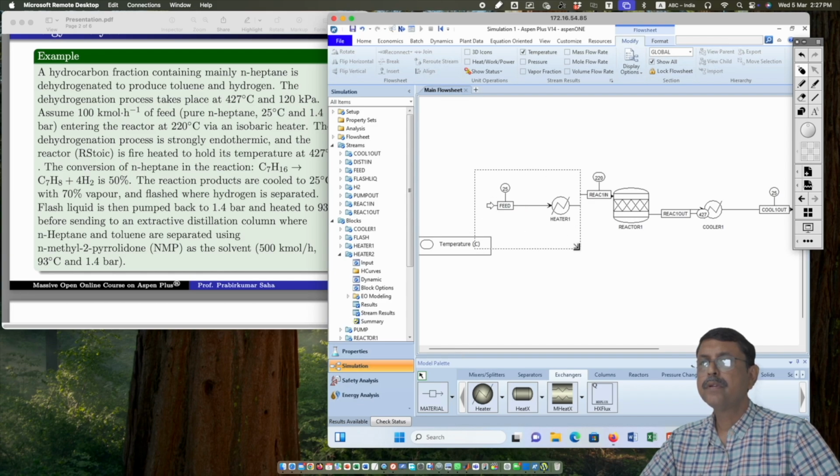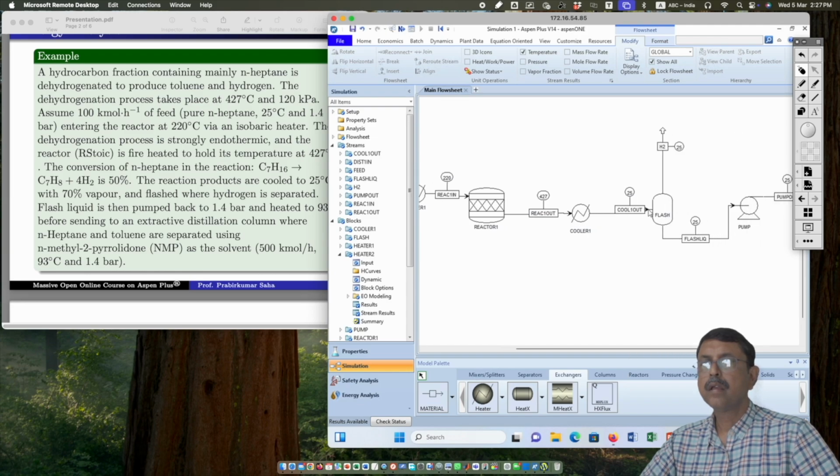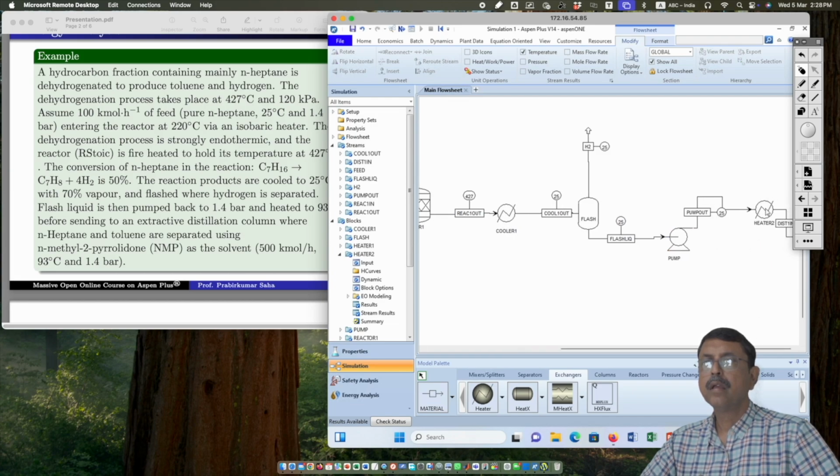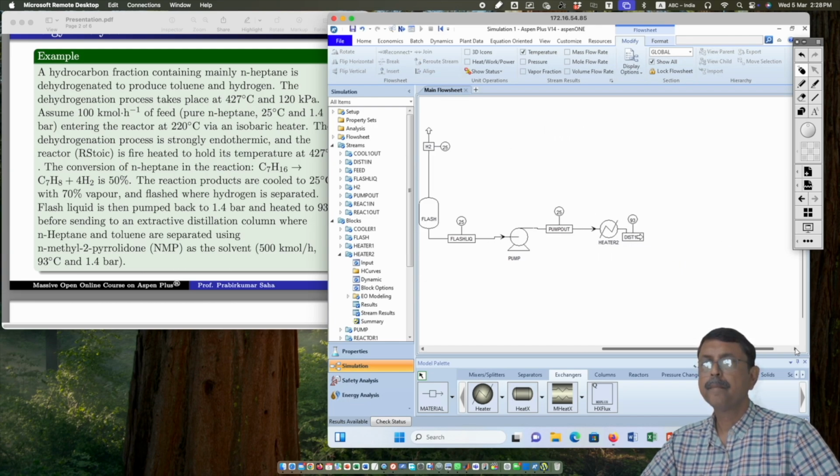We can do some kind of cosmetic changes so that it looks better.